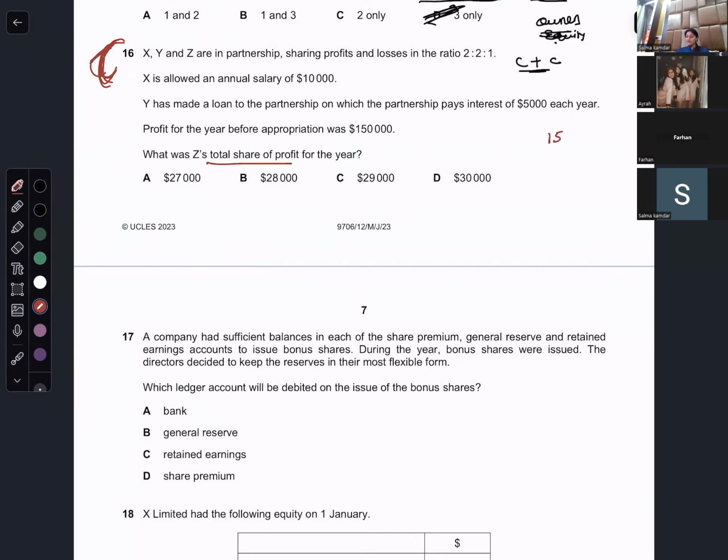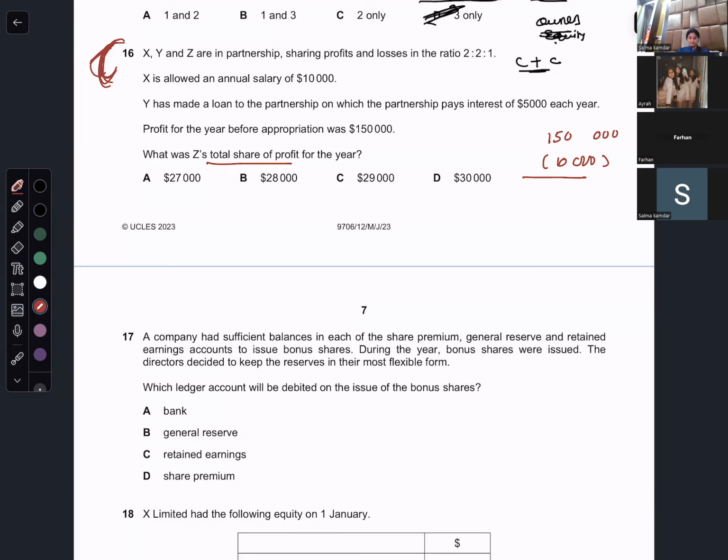Profit before appropriation is 150,000. What else will we do? 150,000 minus 10,000, that's X's annual salary, which will give us 140,000.